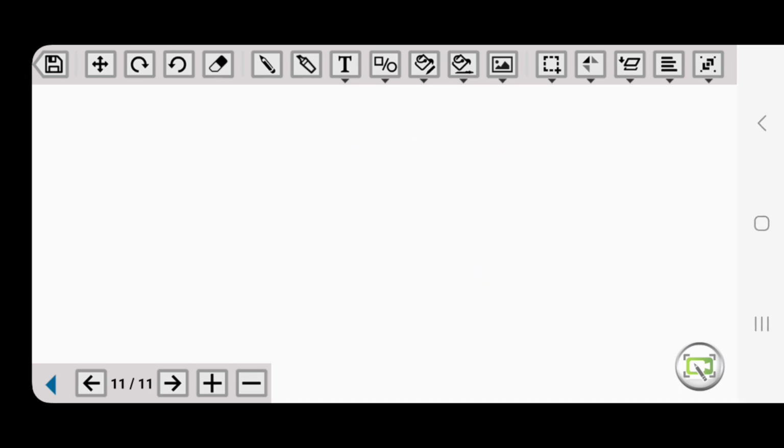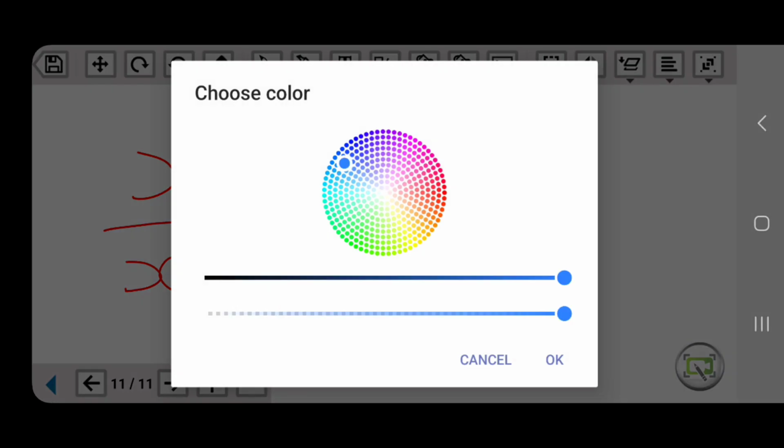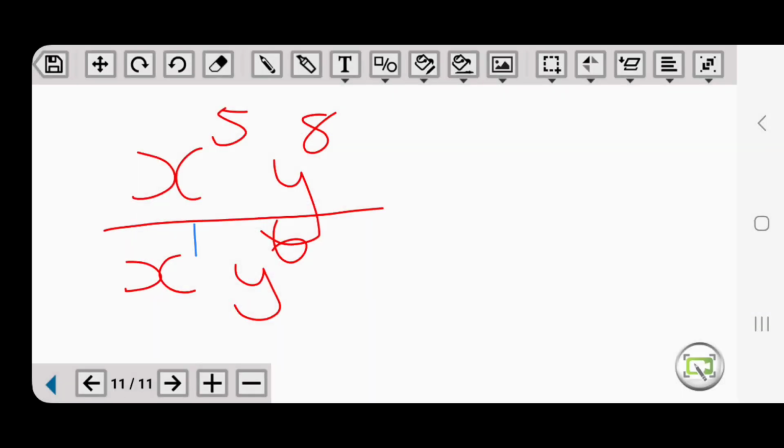Right, let's look at a division type of example. x to the power of 5, y to the power of 8 divided by x, y to the power of 6. Our first step, let's fill in all of our invisible ones.